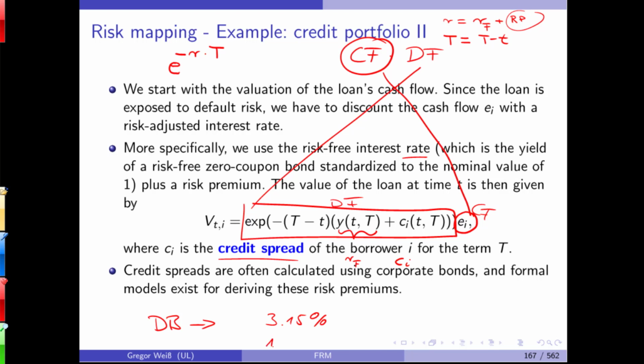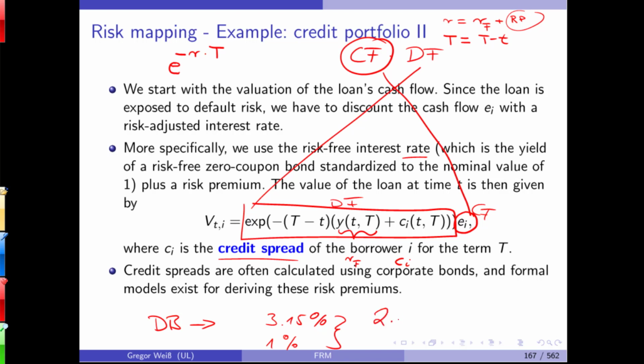If you know that the risk-free rate is 1%, the spread, the difference between the rate of return on the corporate bond and the risk-free rate, this credit spread, is the risk premium you have to pay on top of the risk-free interest rate for credit risk.